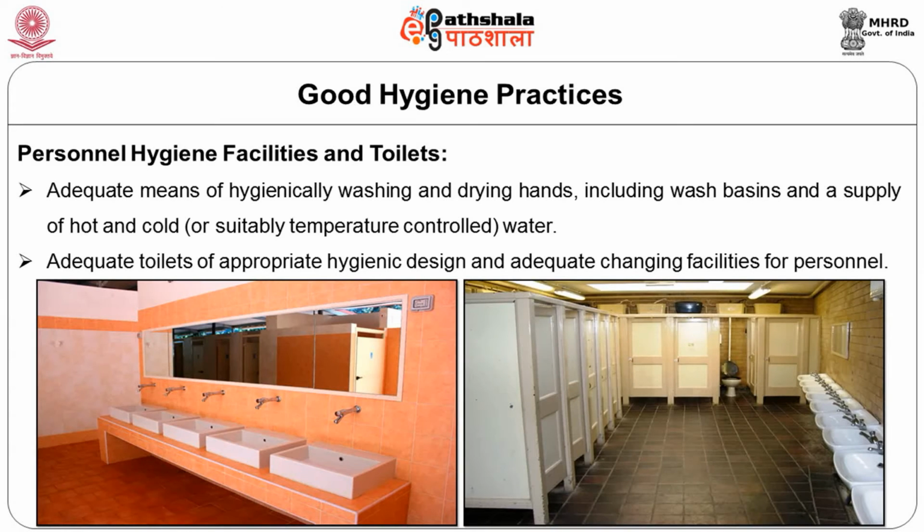The number of toilets has to be designed to match the number of food handlers employed in the unit, so that contamination because of toilet facilities does not become a problem. There should be adequate changing facilities for personnel. In a unit where people are supposed to change their dress, there should be adequate changing facilities for the people going into the processing unit.